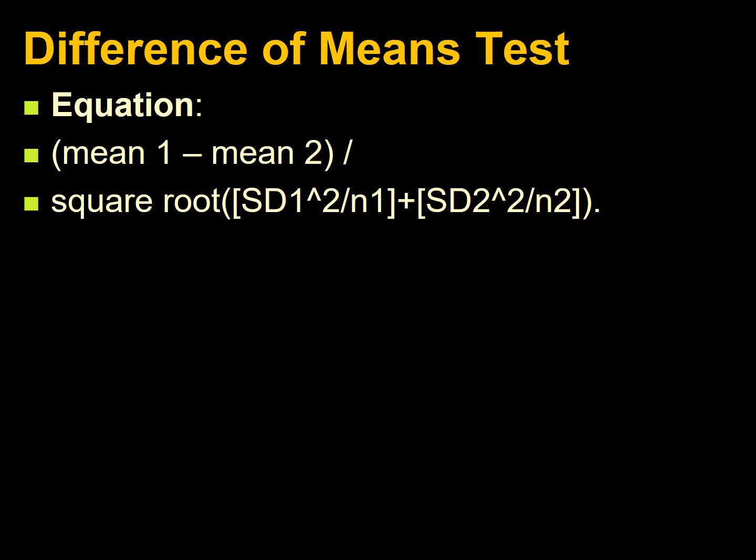Now, the procedure for difference of means tests is as follows. The equation is the first mean minus the second mean divided by the square root of the standard deviation of the first sample squared divided by the number of cases plus the standard deviation of the second sample squared divided by the number of cases in the second sample.